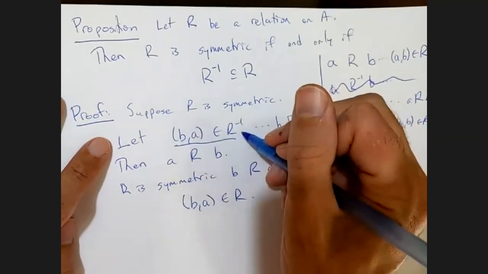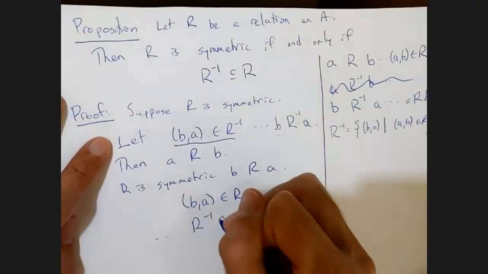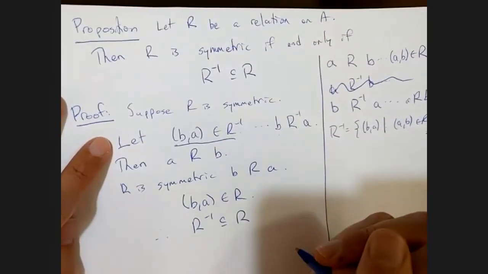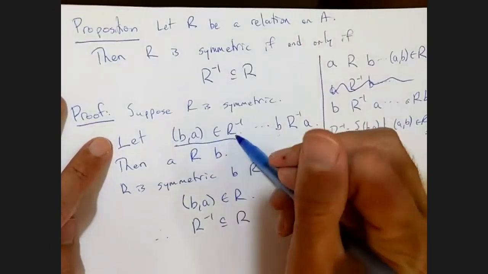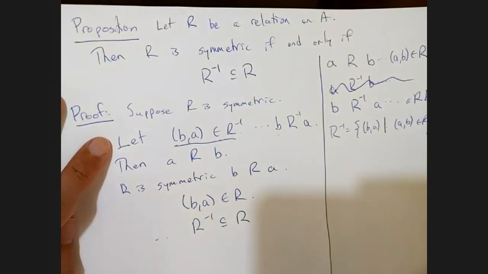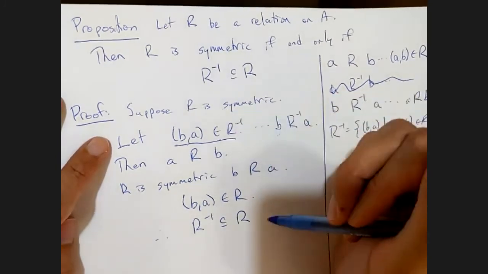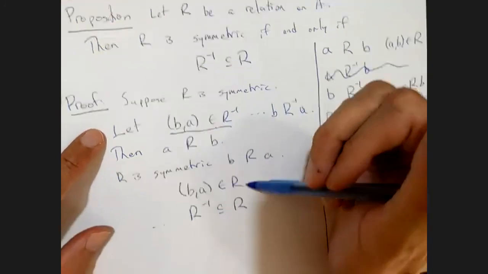So every element of R inverse is an element of R. So therefore, R inverse is a subset of R. We know that every element of R inverse is an ordered pair because R inverse is a relation. Okay, so that proves that if R is symmetric, then R inverse is a subset of R.